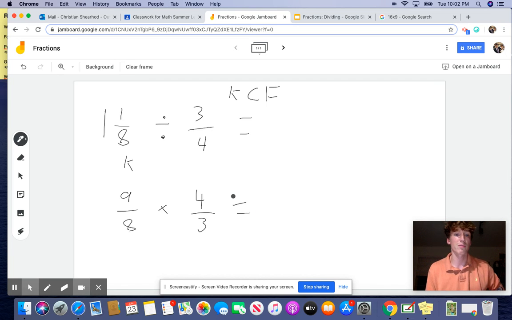From here, we solve just like regular multiplication. We go straight across. 9 times 4 is going to be 36. 8 times 3 is going to be 24. 3 goes into both of these. So let's go ahead and reduce it. You can change it into a mixed number, then reduce it, or reduce it and then make it into a mixed number.